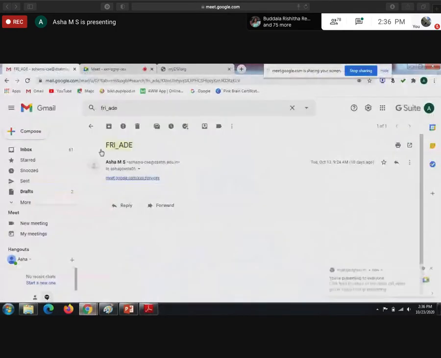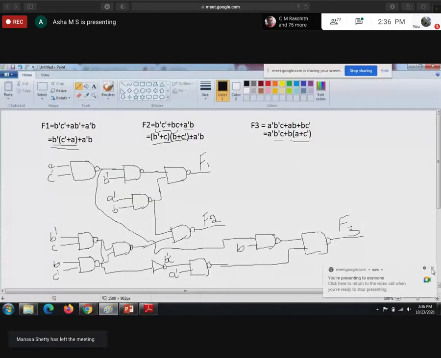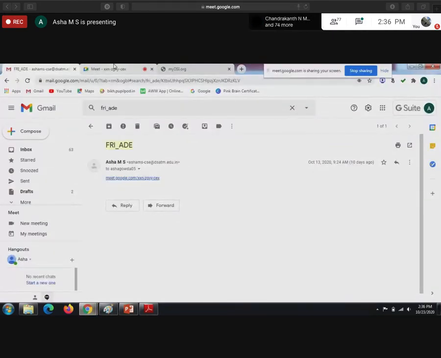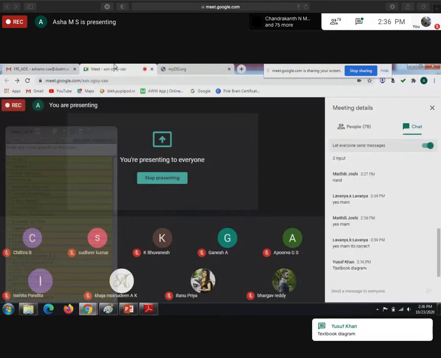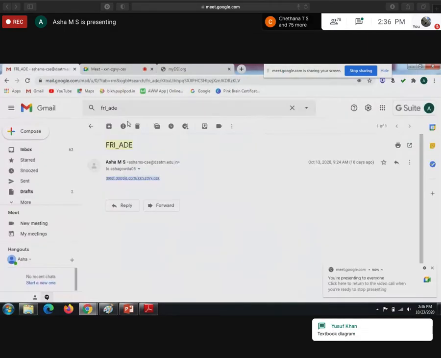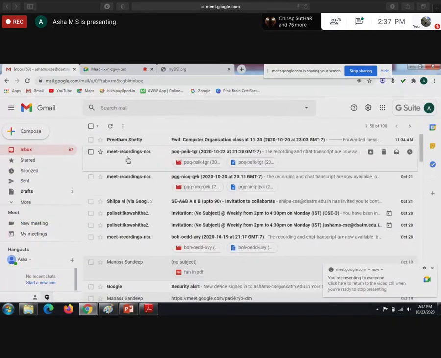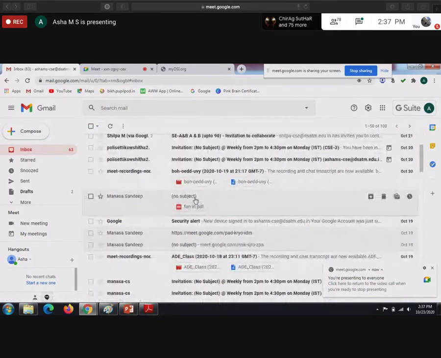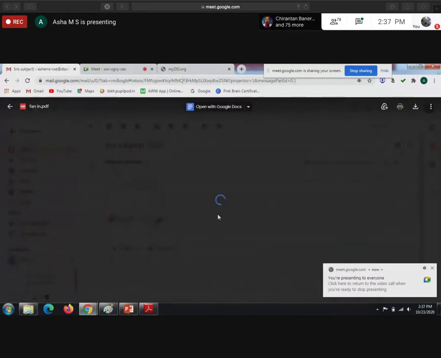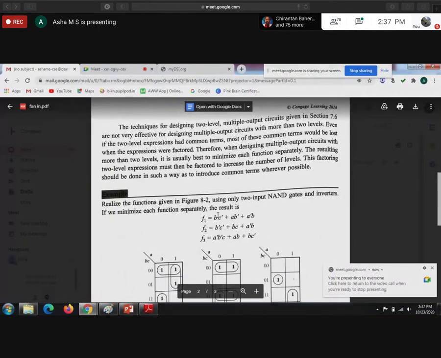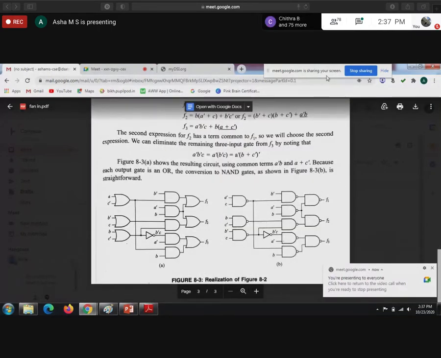Can you copy from the circuit what I have written, or do you want the textbook diagram only? So that is also the same. Just copy the second one.